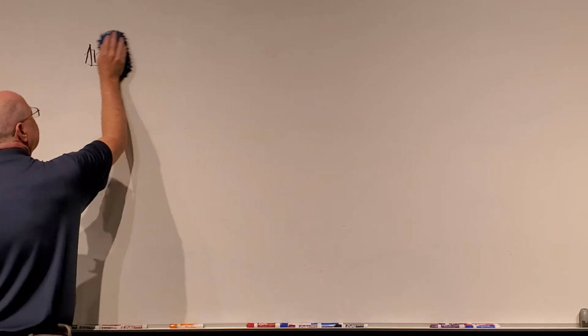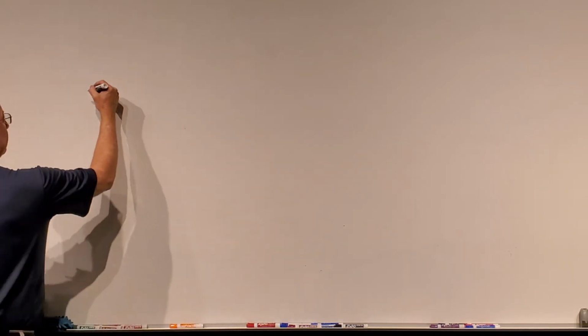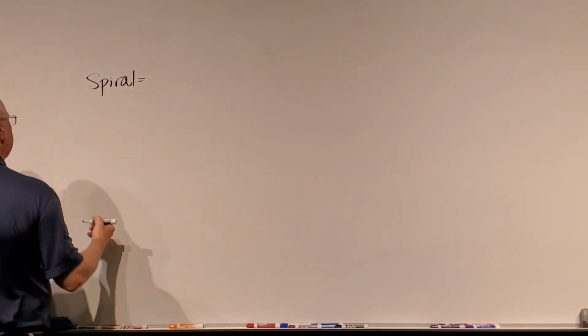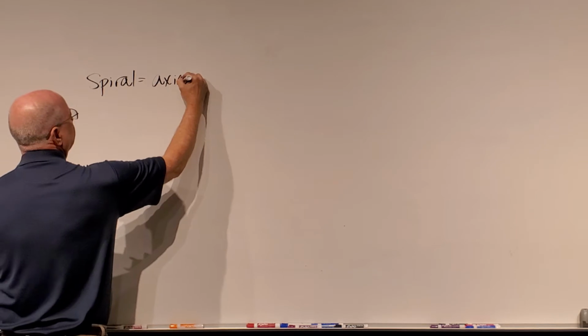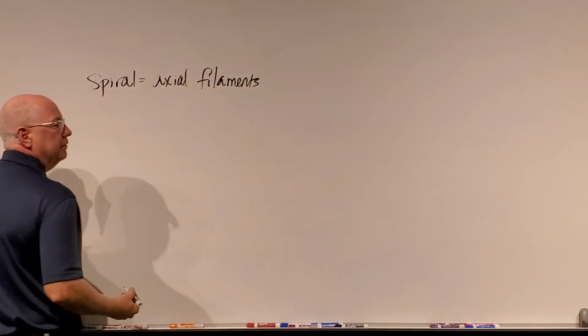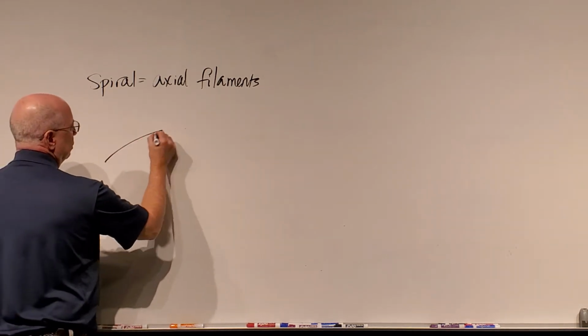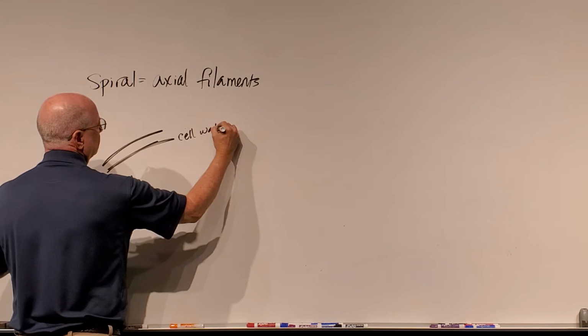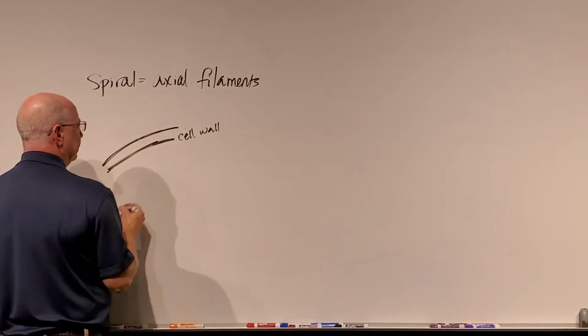Now, when I talk about the spiral bacteria, by the way, one of the things I want to step back and talk about is that in the spiral bacteria, they have what we call axial filaments. And I mentioned this before in a previous video, but basically what happens is I can have the cell wall of these guys.